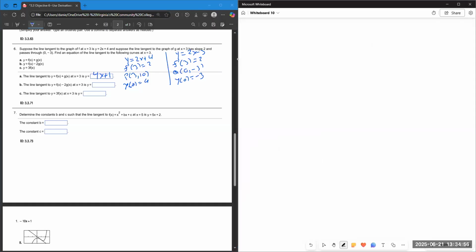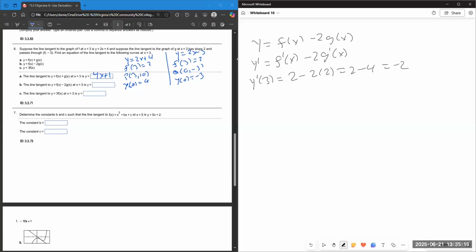Now I need y equals f of x minus 2 g of x. So y prime is f prime minus 2g prime. So y prime at 3 is 2 minus 2 times 2. 2 minus 4 is -2.